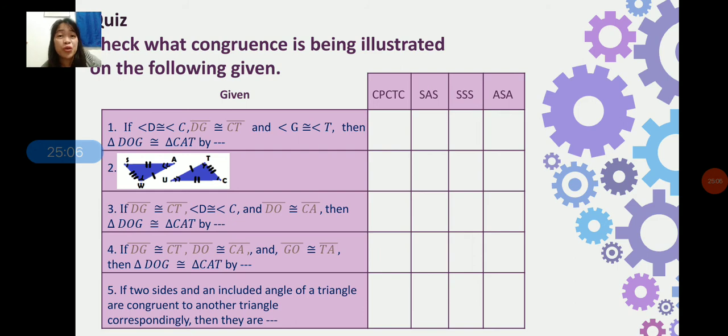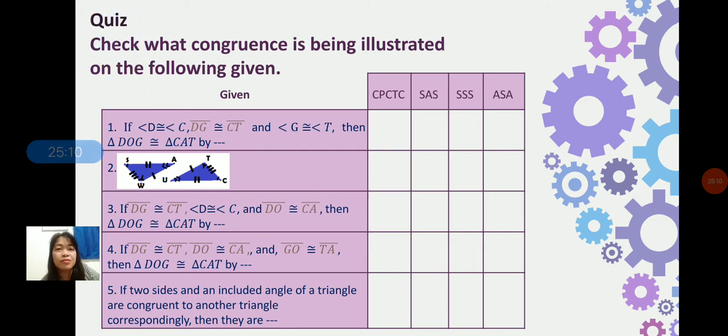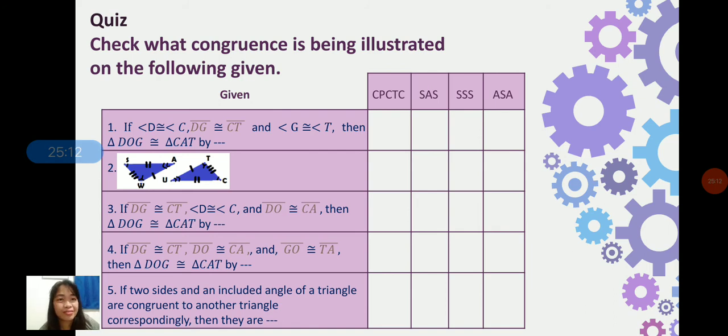Now, for your quiz, I would like you to check the table to show what triangle congruence is being illustrated by the following givens. The first one is triangle DOG, angle D congruent to angle C, side DG congruent to side CT, and angle G congruent to angle T.